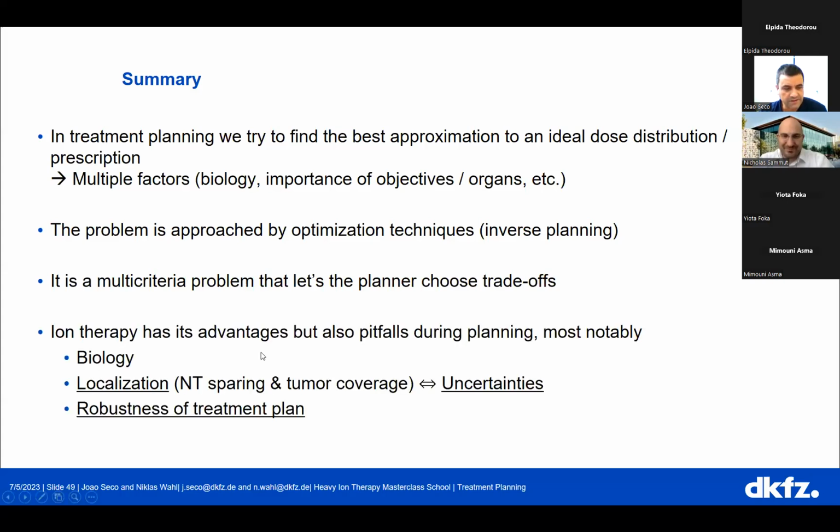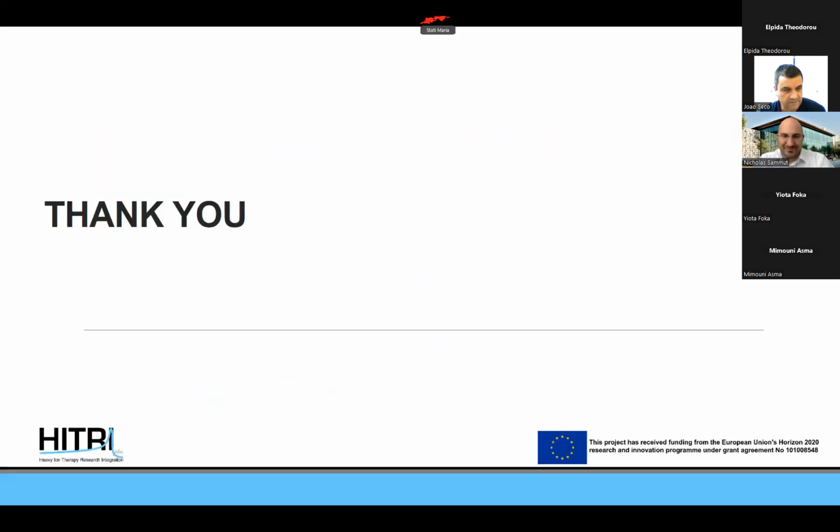In ion therapy, it has its advantages in many cases, of course, but it also has some problems, and the biggest problem is usually the range uncertainty. But also in the case of carbon ions, we always have to take into account the biology, right? So the uncertainties, the biology, and of course, in particle therapy, we usually have to include a robust plan to account for these variabilities.